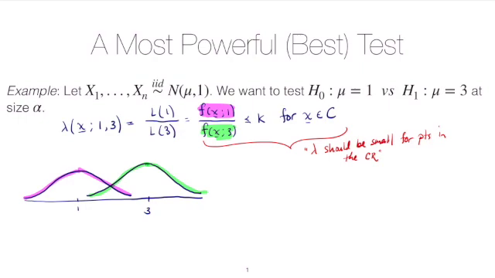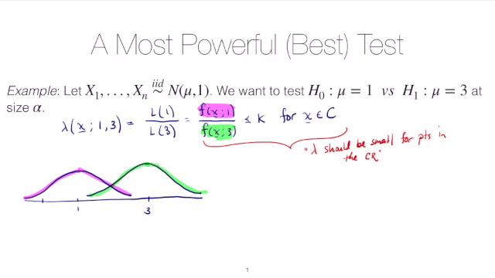And it seems like there are some reasonable choices for C. Well, C has to be placed somewhere such that the area under the curve and over the critical region is alpha, because we want a test of size alpha. So we could do this in different ways. So here's maybe a bad way to do it.